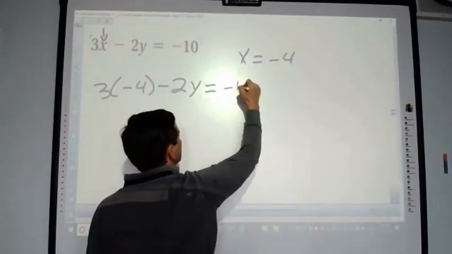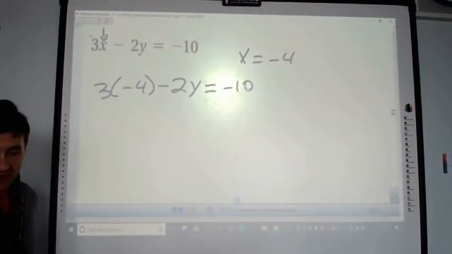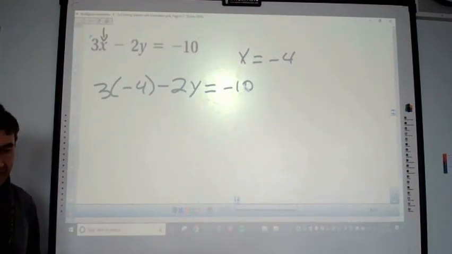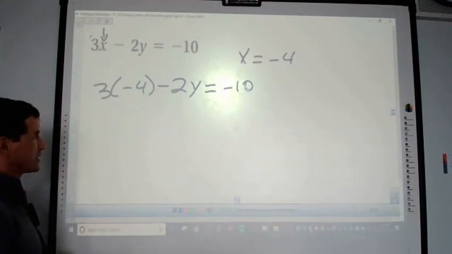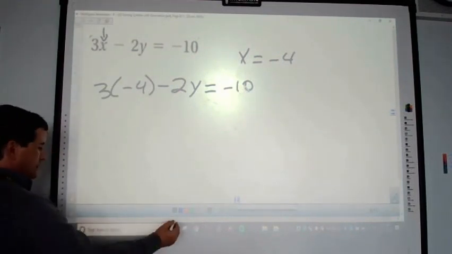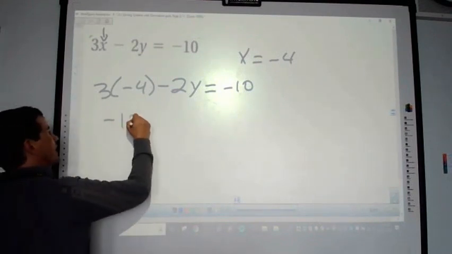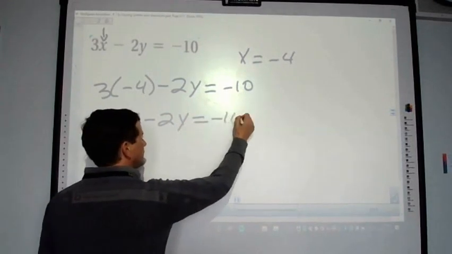I think I know why I got it wrong. That was quick. What did you do? I didn't put it as a negative. Oh, yeah. So again, slow and careful. And I'll just finish it off because I'm a math teacher, I kind of have to. So we get -12 minus 2y equals -10.